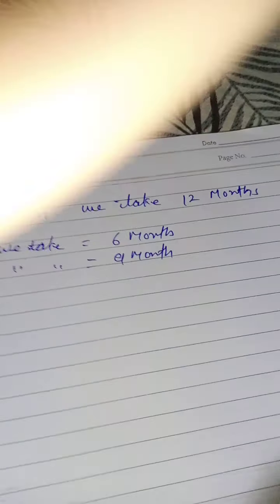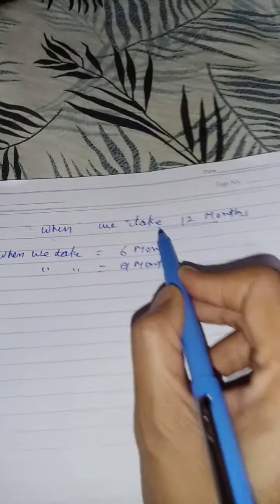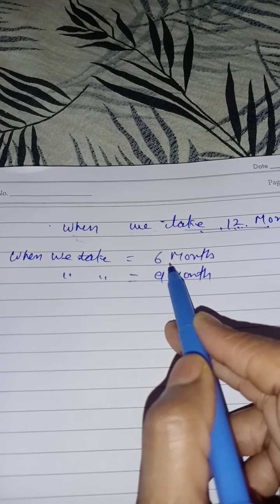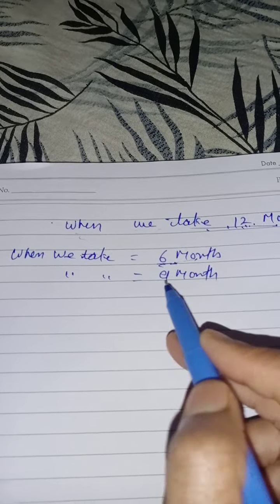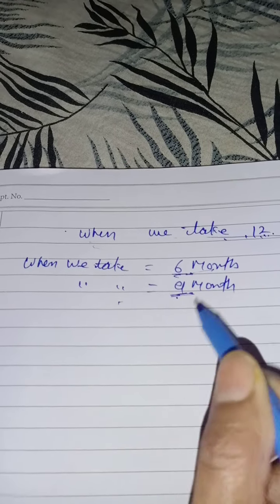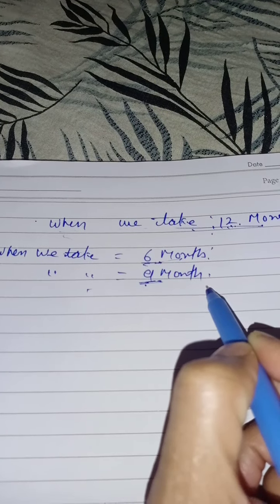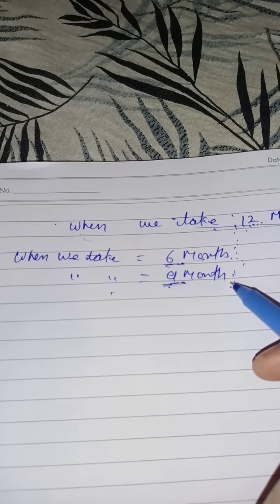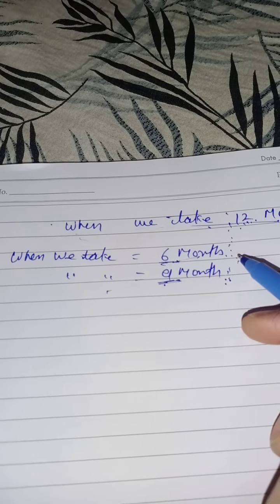Then, when we take 6 months and 9 months, it means when drawings are made every month with the same amount till 12 months, or with the same amount every month for 6 months, or for 9 months, the calculation formula is the same. The only difference is the average period, which we discussed in the earlier video yesterday.